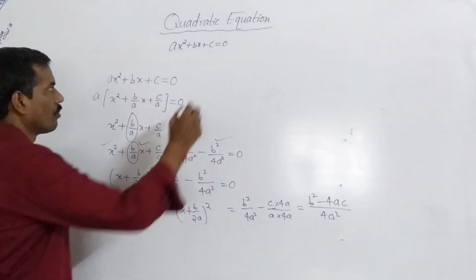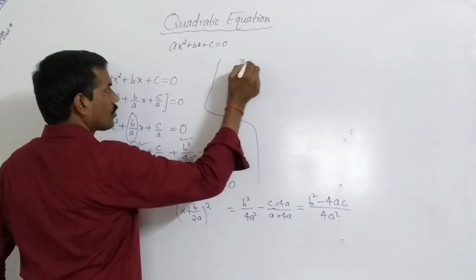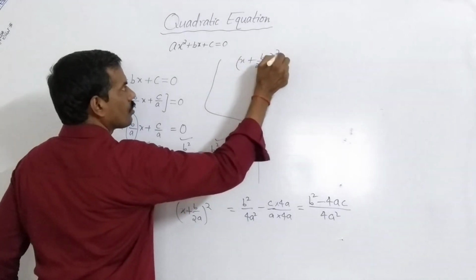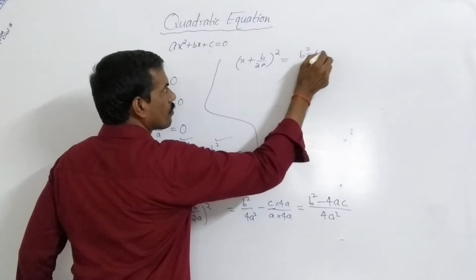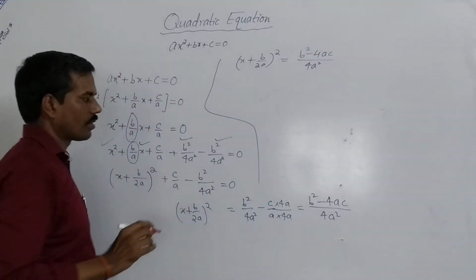Okay, we get x plus b upon 2a to the whole square is equal to b square minus 4ac upon 4a square.